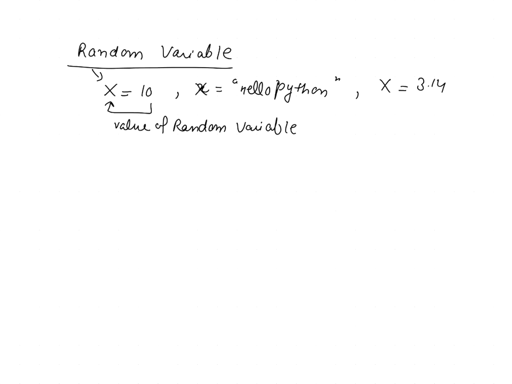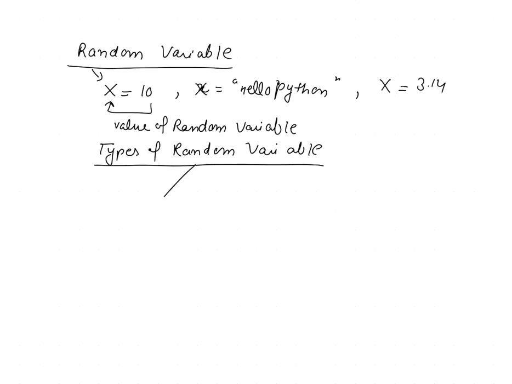Now we will talk about the different types of random variable. Okay. So it is of two types. So we can name it like this. So one is your discrete.